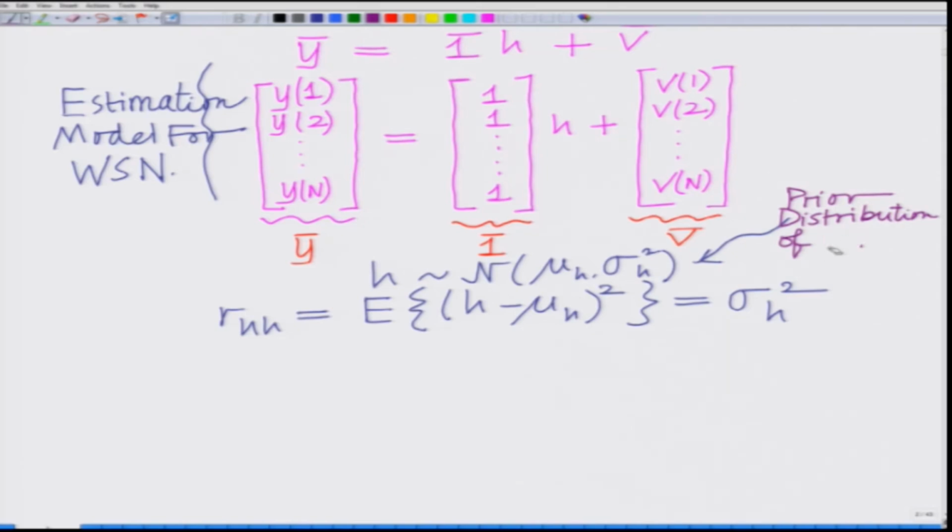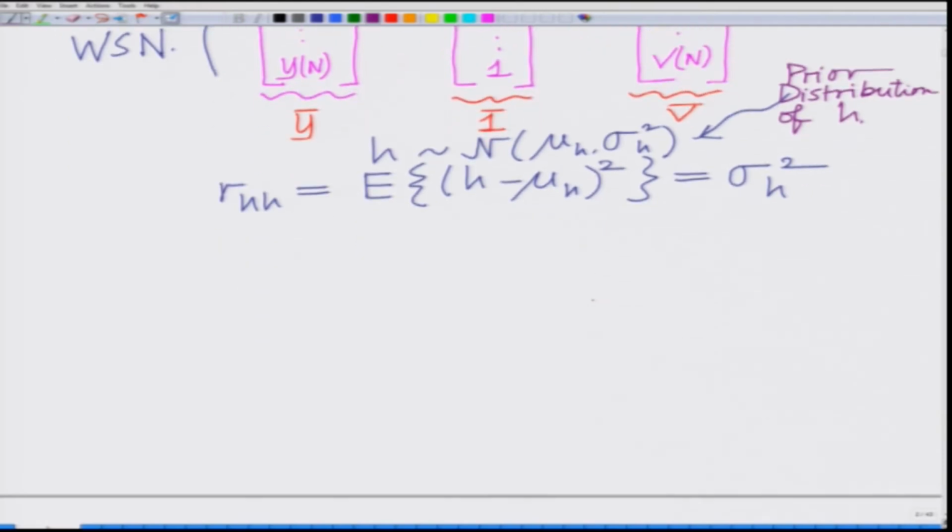This is the prior distribution of the parameter h, where h is assumed to be Gaussian with mean mu h and variance sigma h square. Okay. And therefore, R h h is expected value of h minus mu h square, which is sigma h square.